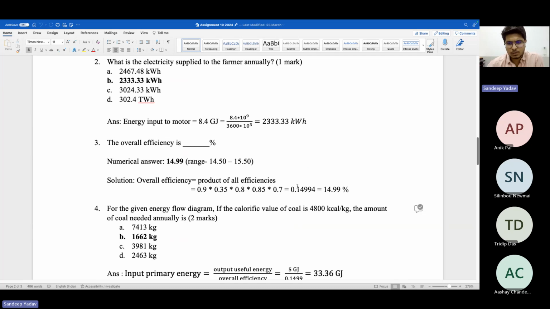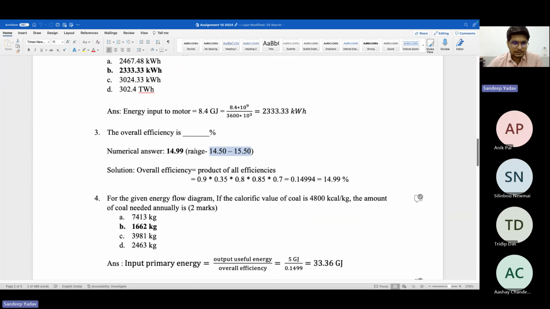It comes out to be around 15%. It's a numerical input question, so you have to do it very precisely. The answer range will be from 14.5 to 15.50. You can also input the value as 15.15.